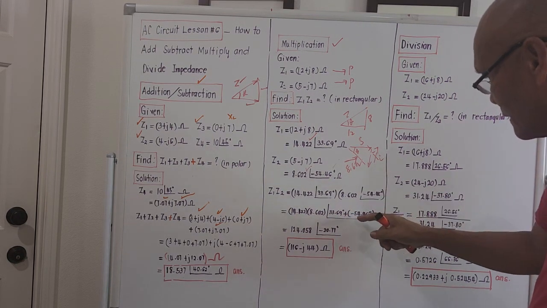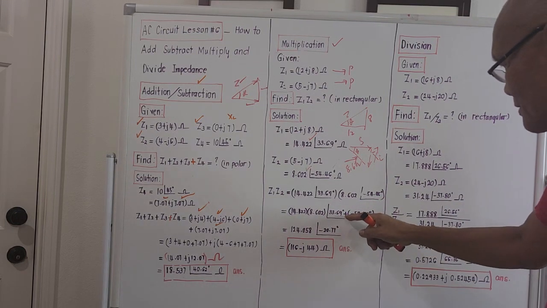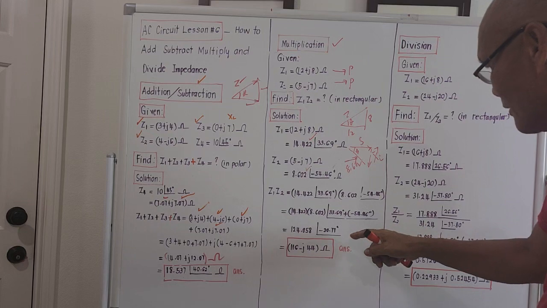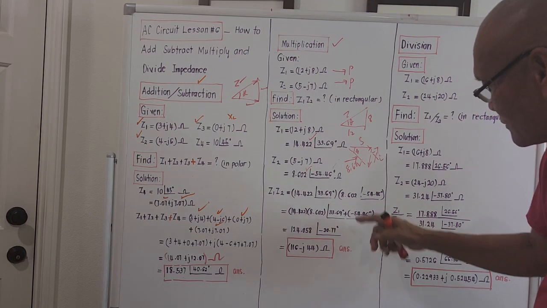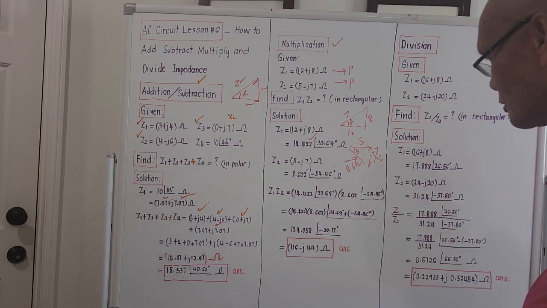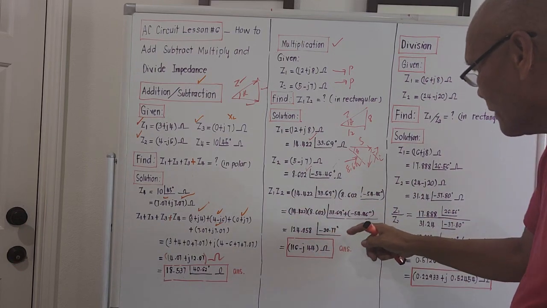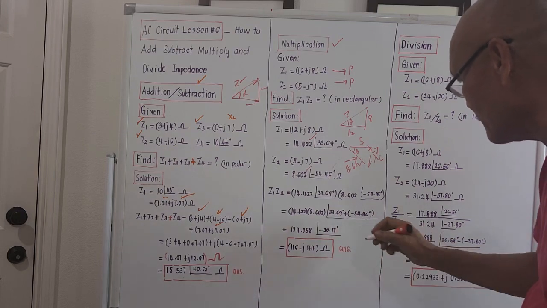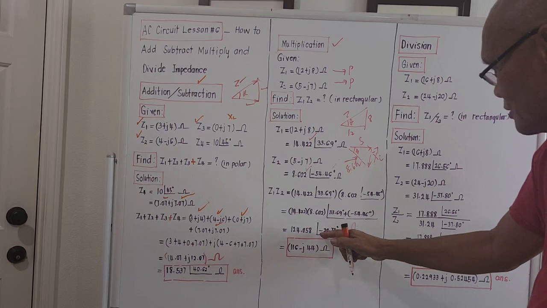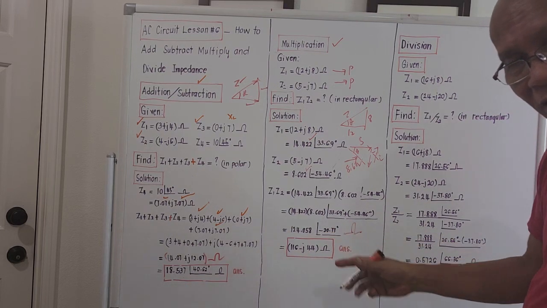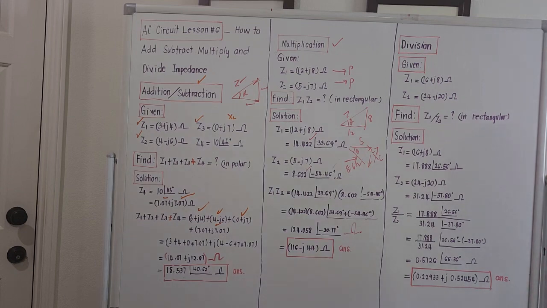Plus the quantity negative 54.46 degrees. A plus and a minus will be a minus. This 54 is greater than 33.69, so the resulting product should be 124.058 angle minus 20.77 degrees. This is ohms. This is a negative angle, meaning the product is actually a capacitive load.